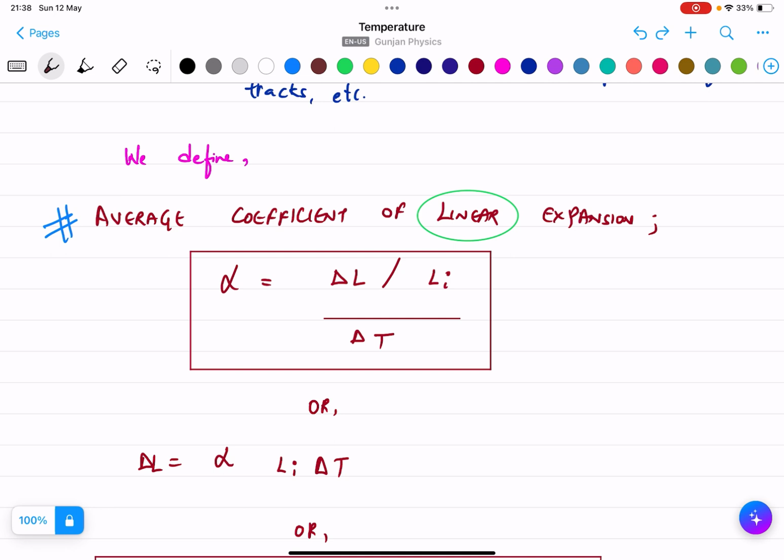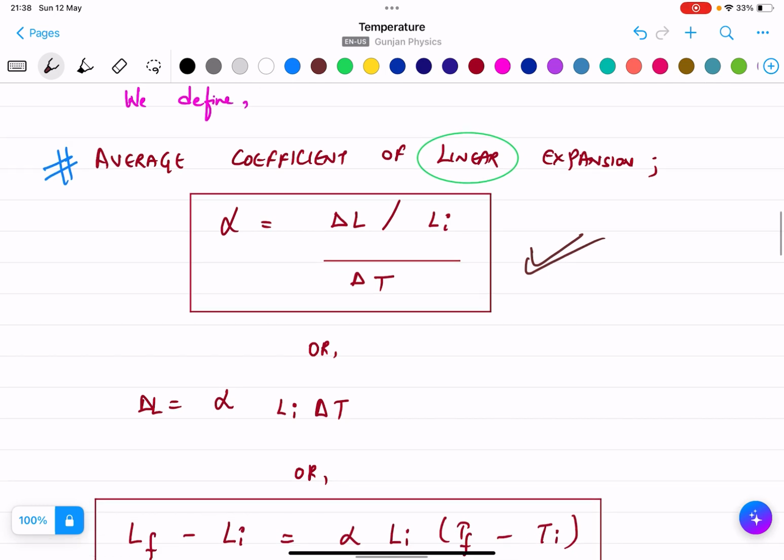Alpha is known as the average coefficient of linear expansion. The formula is alpha equals delta L over Li over delta T, where delta T is the change in temperature, delta L is the change in length, and Li is the initial length.